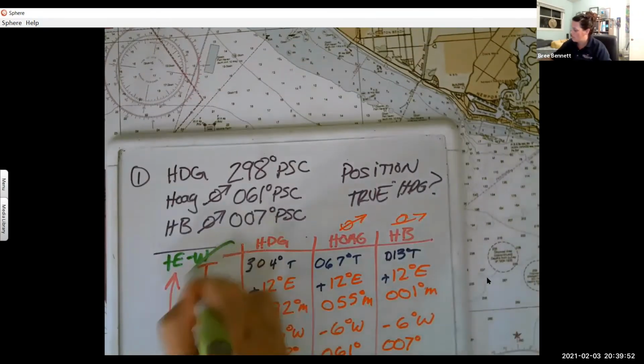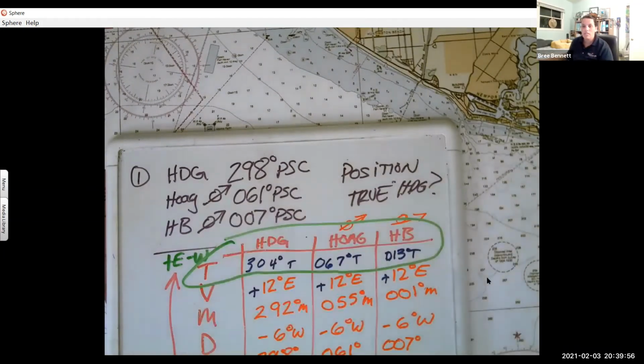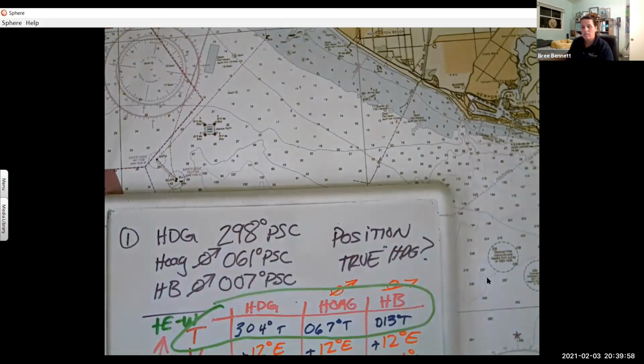So these values are what we can now use to go to the chart. Everything we put on the chart is going to be in true. So let's go to the chart. One of the first things we have to do is to correctly identify the things that we got our bearings from.